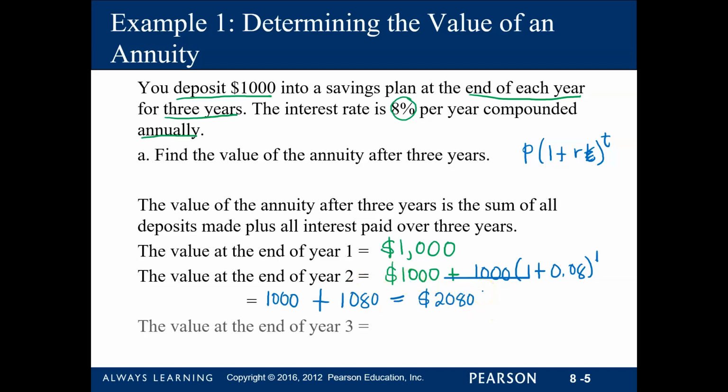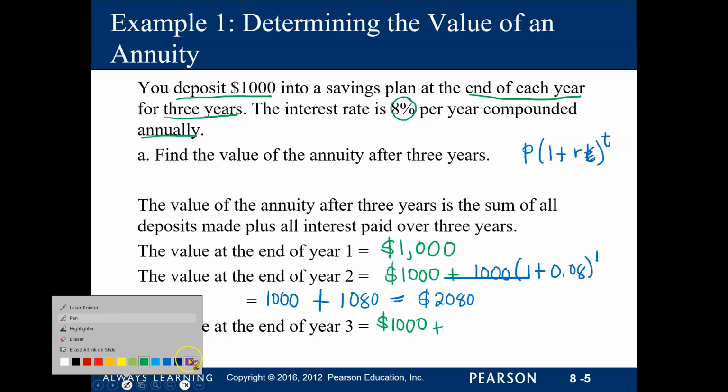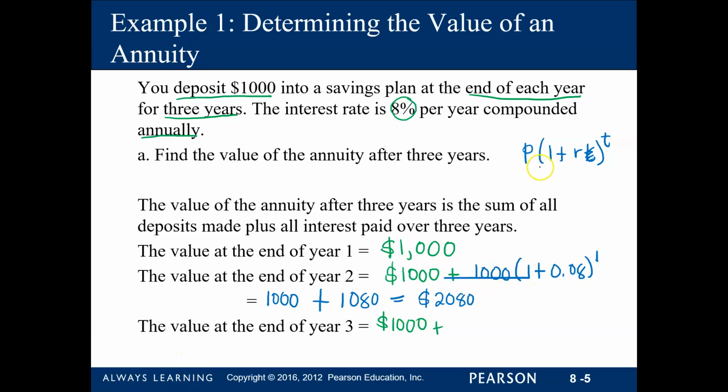Okay? So how does it look on year 3? So remember, every year you are making the deposit. So you always have a deposit of 1,000, and then this money from year 2 is going to earn some more interest. So again, it's compounded. So you will have 2,080 now as your principal. This is still the same, 1 plus 0.08 raised to the first power.